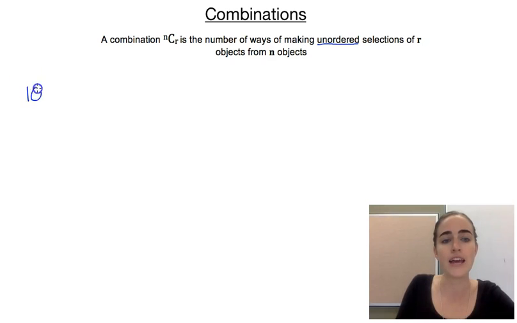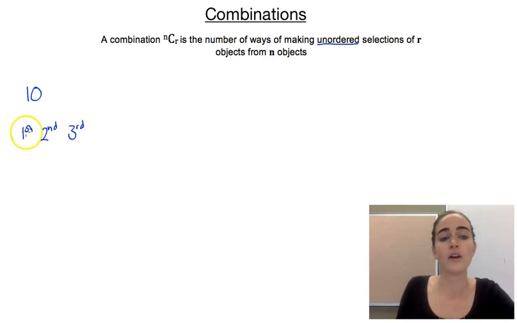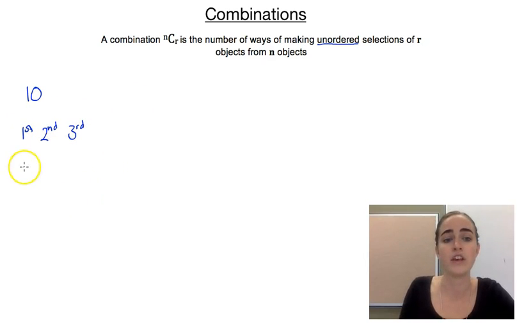Say that we have 10 people in a race. If we want to pick first, second, and third place winners, we want to find the number of different ways we can have first, second, and third. This would be a permutation because order does matter. So we would write 10P3, since we've got 10 people and we're choosing 3 of them.